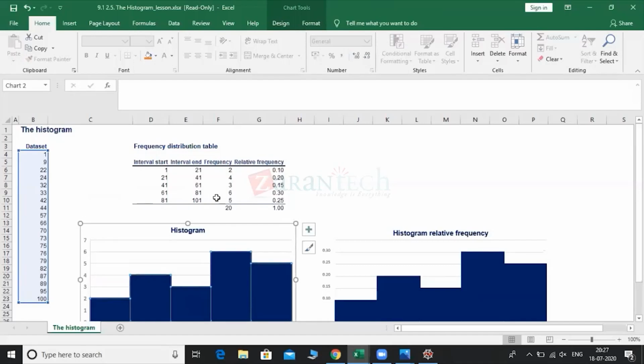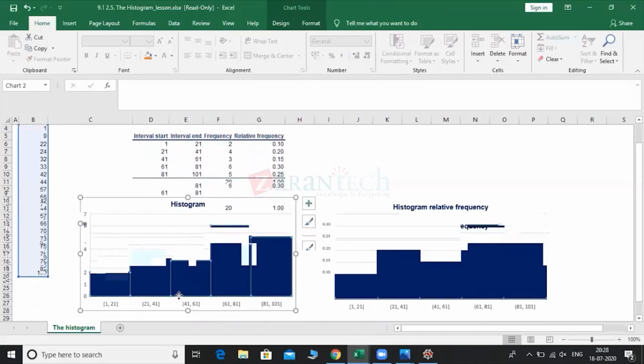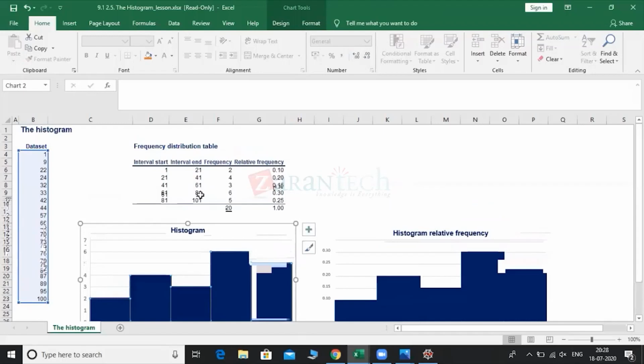We can simply do a histogram, and which will give us this kind of clue, like in whatever interval, like 1 to 20, 21 to 40 interval, how many are there. So this is one good way of basically looking at the data set. So this is what it gives us a clue about, like how the data set looks like. So in this way, it gives us kind of understanding.